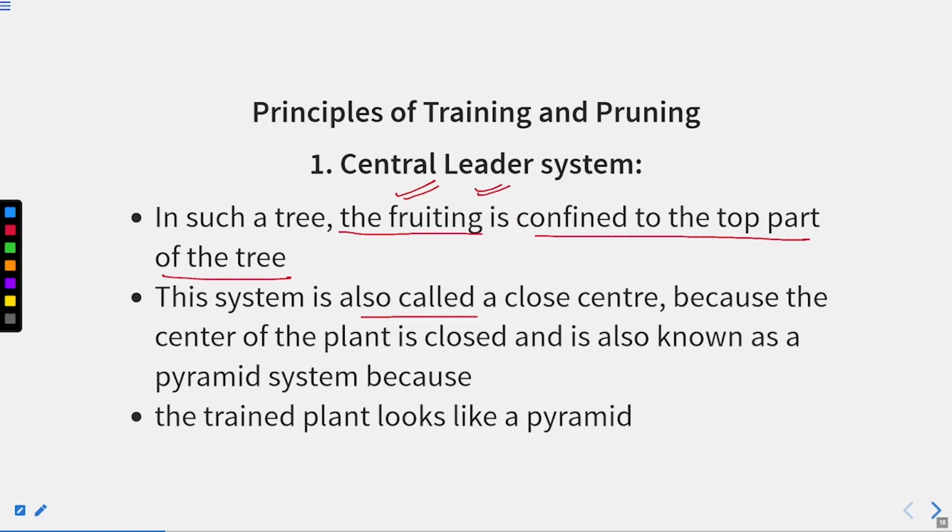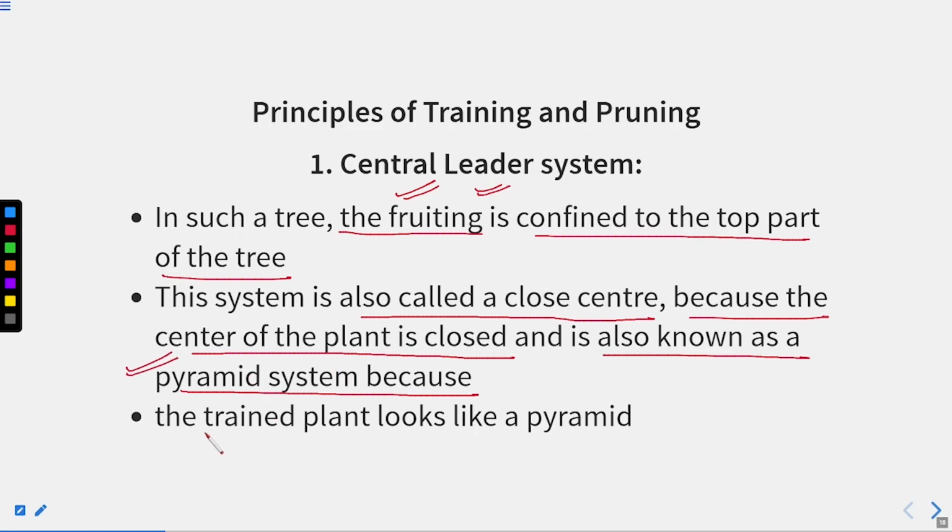This system is also called a closed center because the center of the plant is closed, and it is also known as the pyramid system. Very important: why is it called the pyramid system? Because the trained plant looks like a pyramid. So this is about the central leader system.